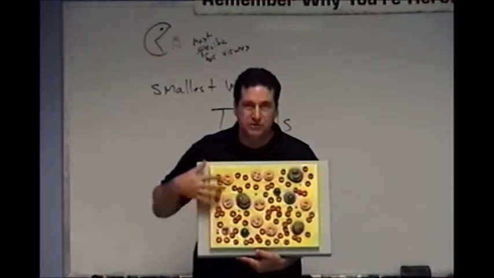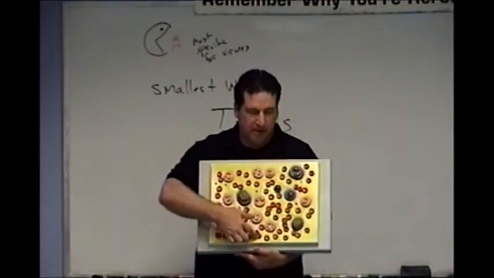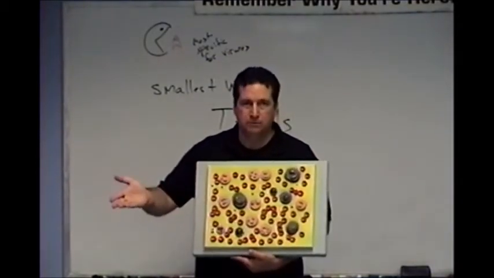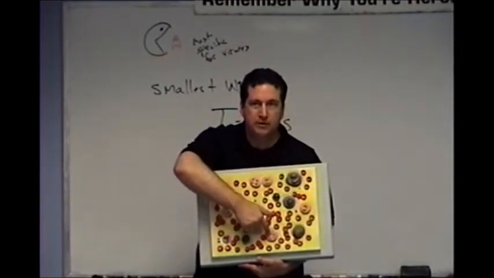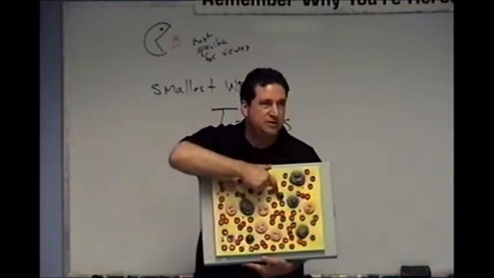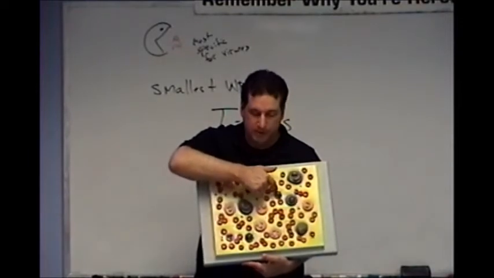So just by looking at this, you should really easily be able to pick out a couple of these very fast. Red blood cells, they're red. That should make it easy. Neutrophil, polymorphonucleated leukocyte, because it has a lot of lobes to it. Lymphocyte, smallest of the white blood cells. It's still bigger than the red blood cells, but it's the smallest of the white blood cells.